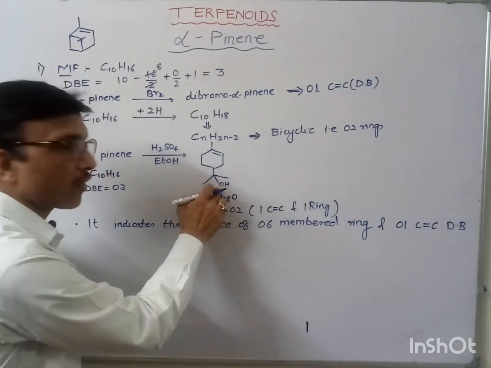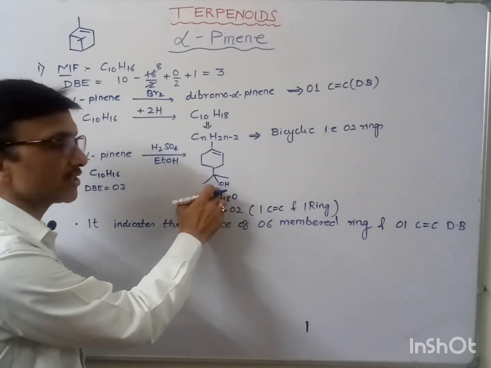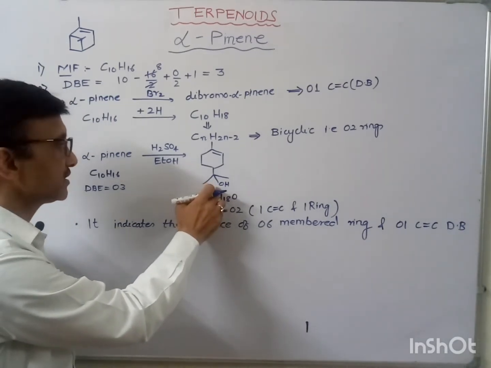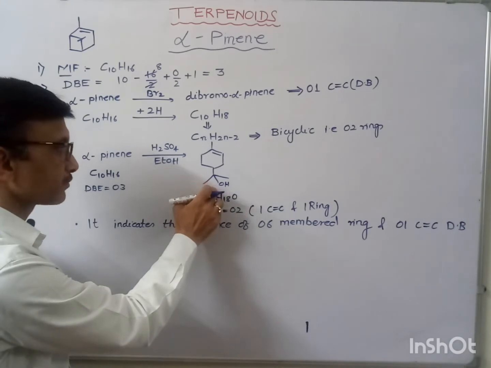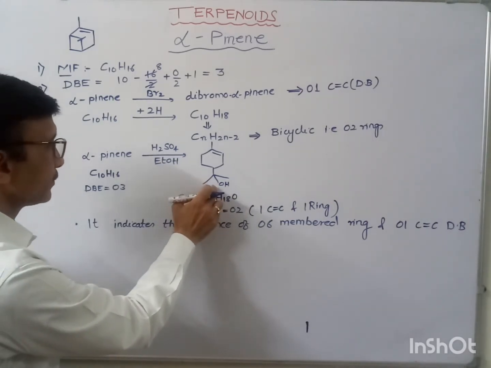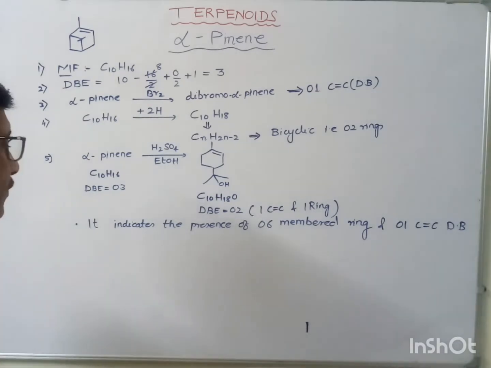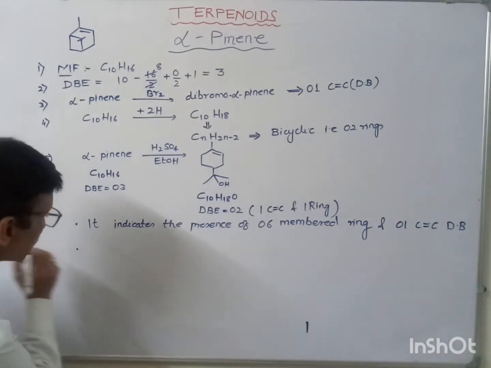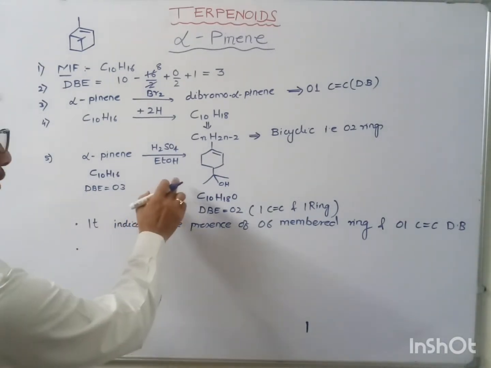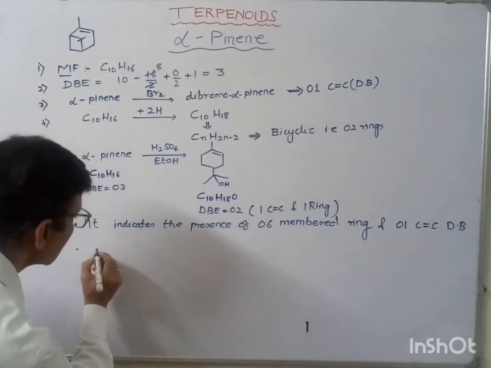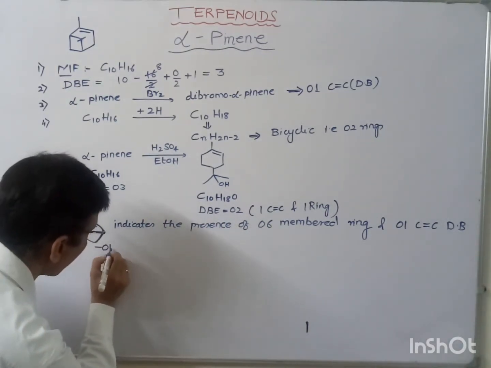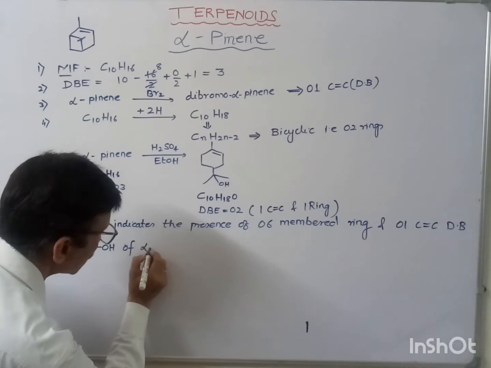So the OH of this alpha-terpineol is responsible for the formation of the four-membered ring in the alpha-pinene. One of the conclusions we may draw from here is about this OH of alpha-terpineol.